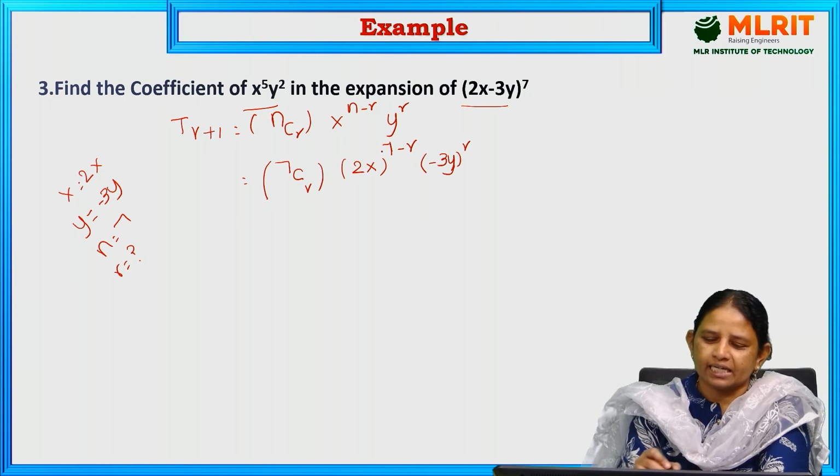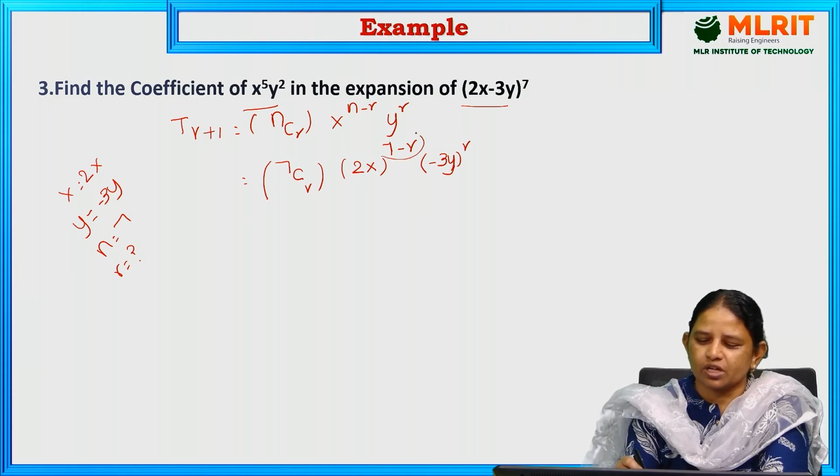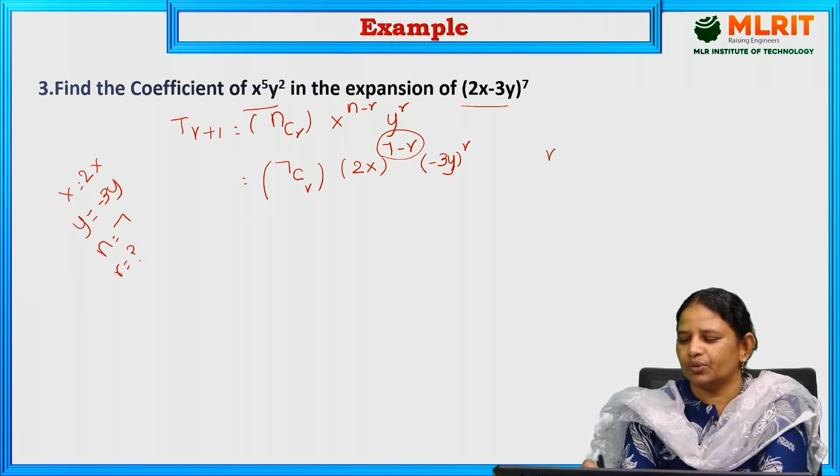So to get x to the power of 5, we need to substitute r is equal to 2. If r is equal to 2, then we'll get 7 minus 2, which gives x to the power of 5, and also y square.